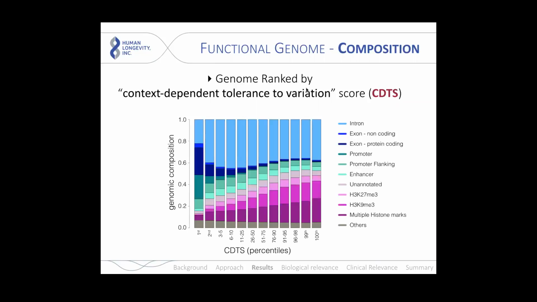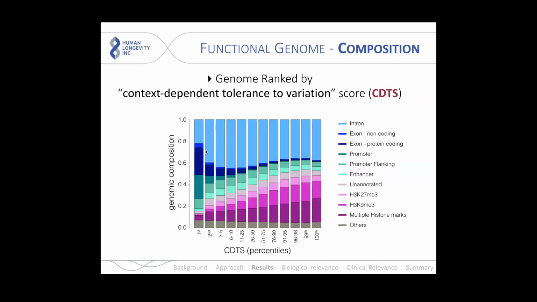Here we have 10 different genomic element families, the most common in the genome, and the 11th one is the conglomerate of all the others that were not so common. What we can see first is that there is a wide variation in the distribution of those elements throughout the CDTS spectrum. It's not similar in all the bins.